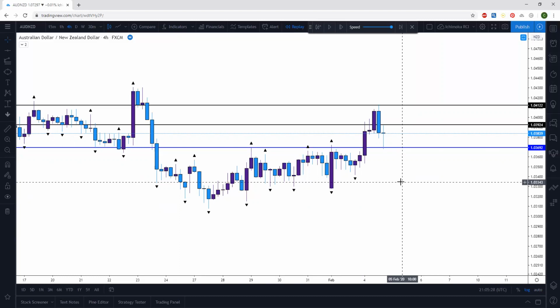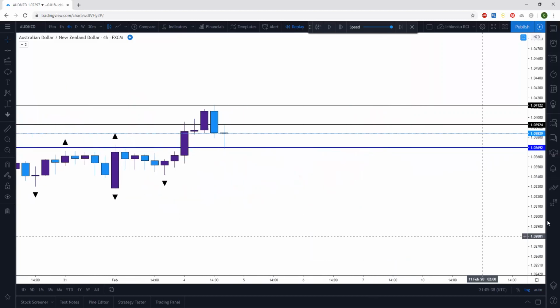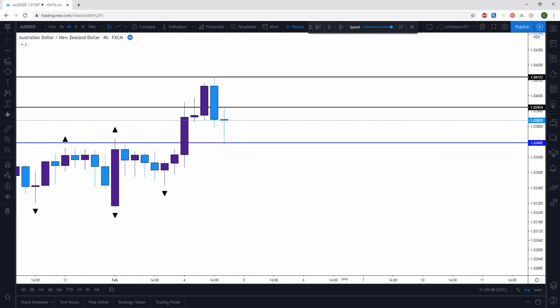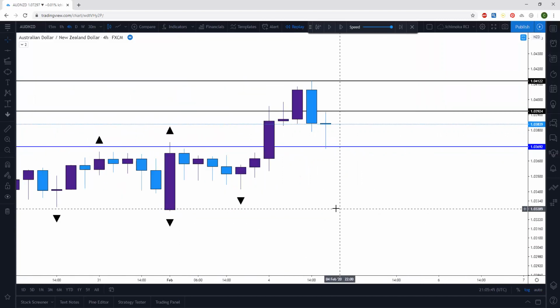Isn't that indecision? Isn't it just a doji? Yes, the current one. Well, it is a doji, but it is not an indecision doji. It's a dragonfly doji. Correct. So what is a dragonfly doji?